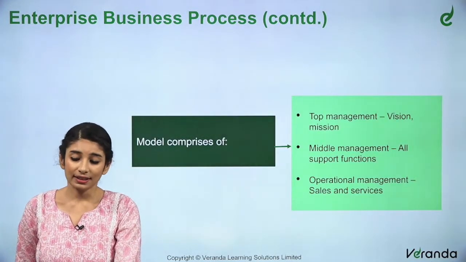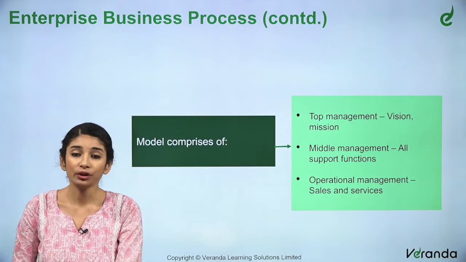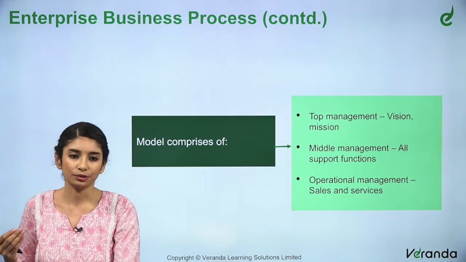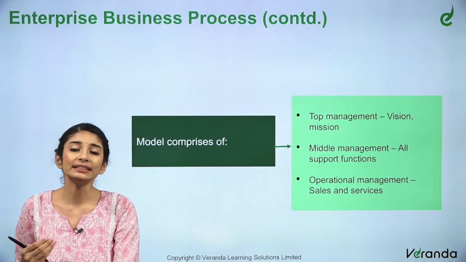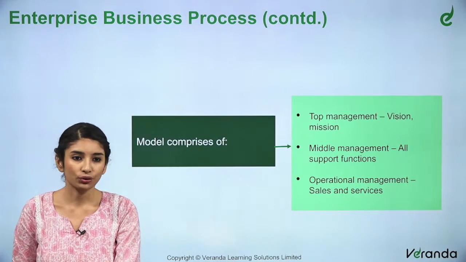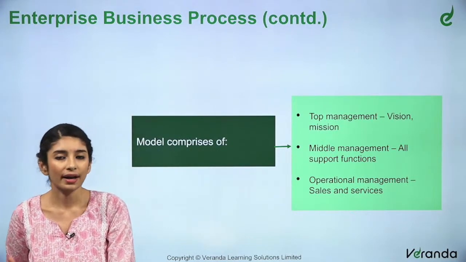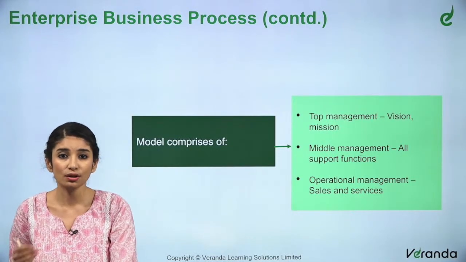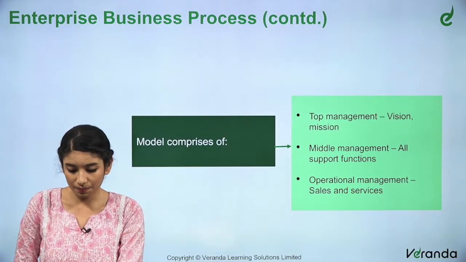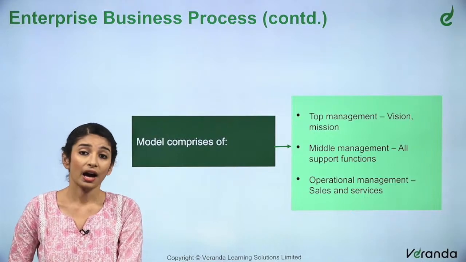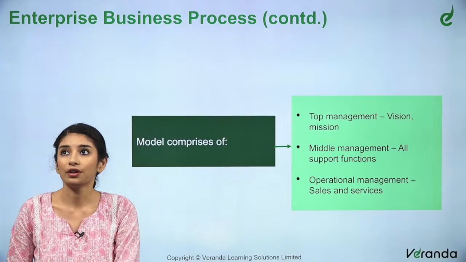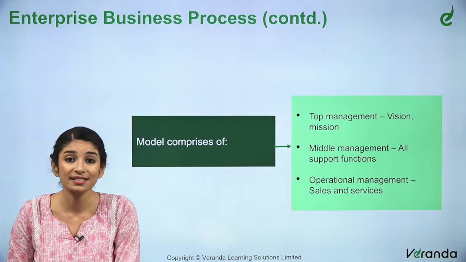Moving on to the next model of BPM. It comprises the top management, middle management and operational management. Now, this question can be asked, and I would request all of you to maintain a question and answer book through this session. We're going to divide the entire chapter into questions and answers. After you write down the questions, let's follow this trick: draw a smiley face after the question if you're able to remember the side headings, because this is a revision class.